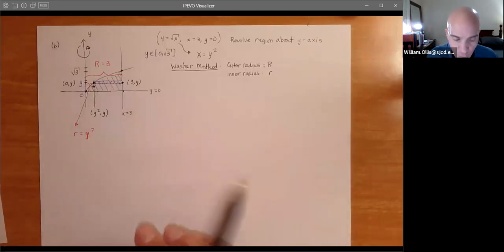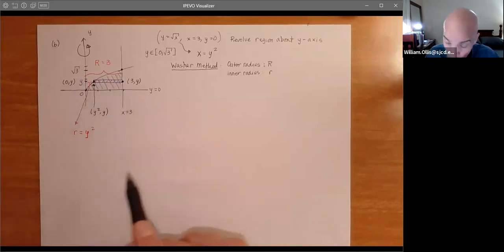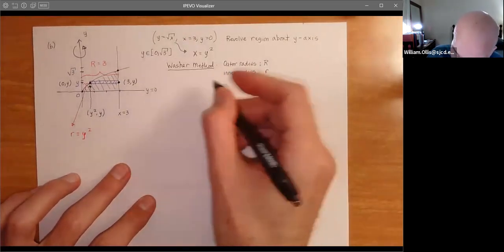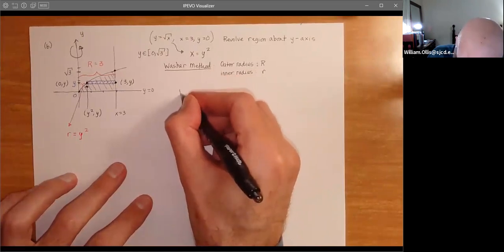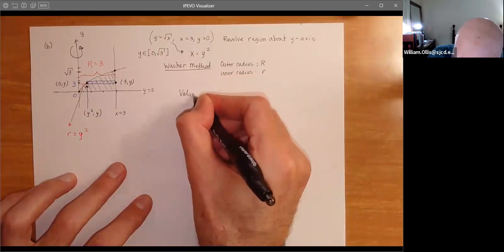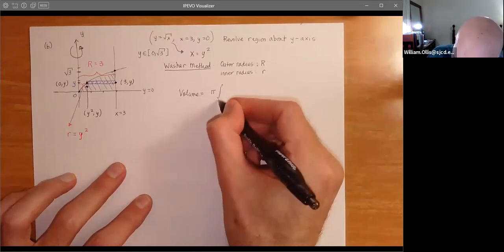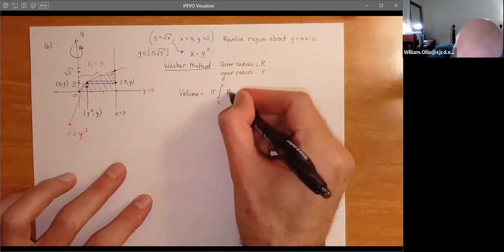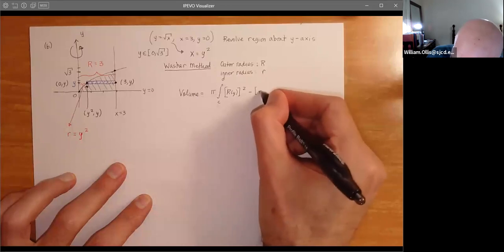So this is where the picture of the region is very helpful. And so now you're thinking, what does the formula look like? Well, we'll just go ahead and write it in terms of the independent variable y. So we would say volume, we'll just write it in general, would be pi, and then we'll just combine the two integrals. Say we have an interval from C to D, and then we would say the outer radius squared minus the inner radius squared.